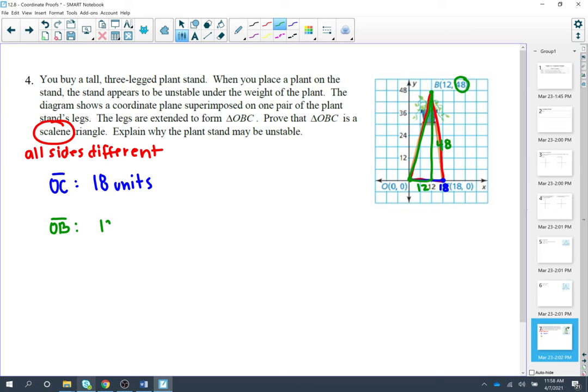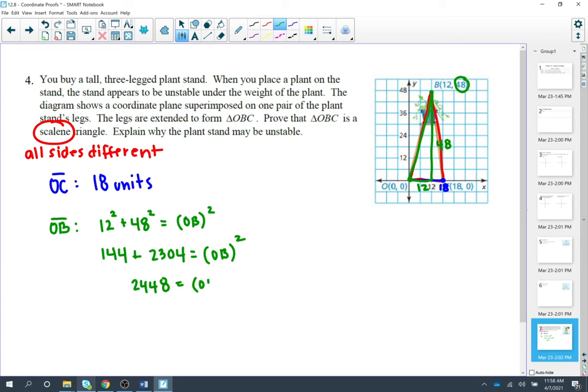So from O to B, we're going to have 12 squared plus 48 squared equals OB squared. Now, if we simplify that, we know that 12 squared is 144, plus 48 squared is 2,304. Then we're going to add those together, which is 2,448.